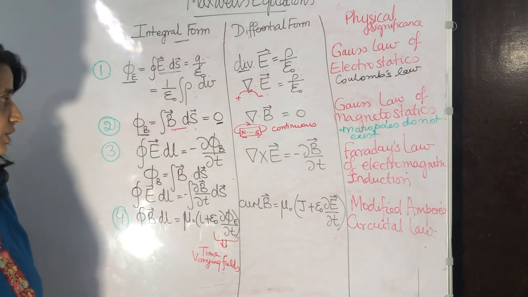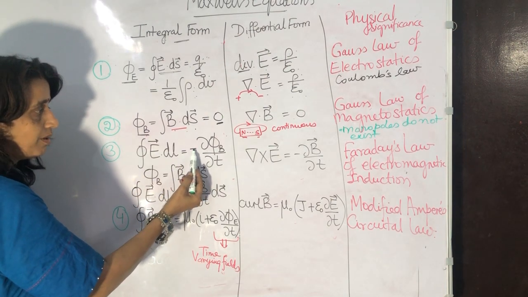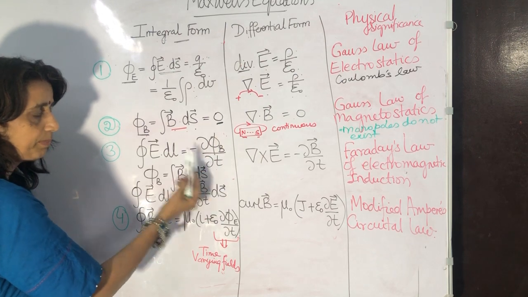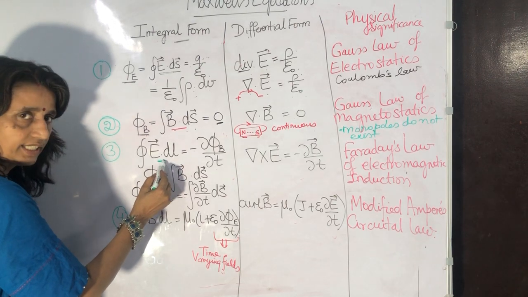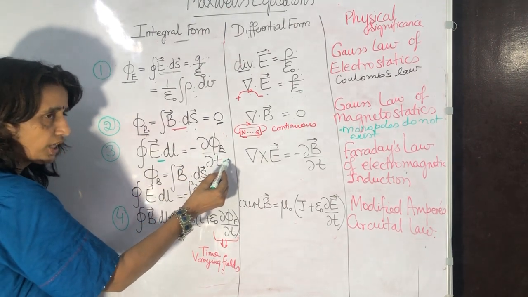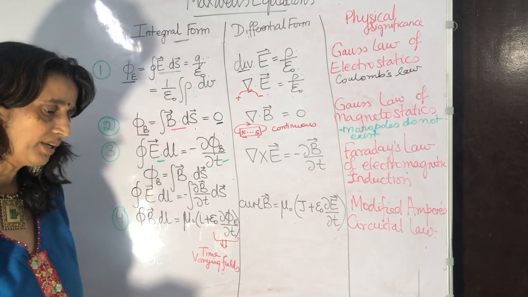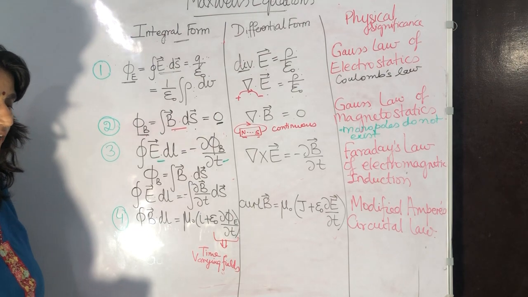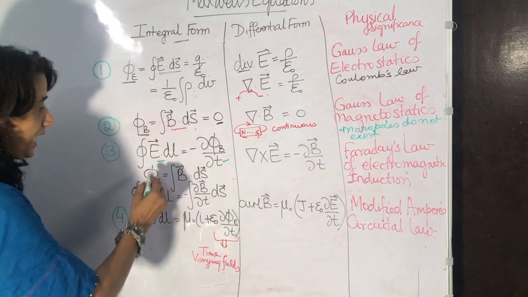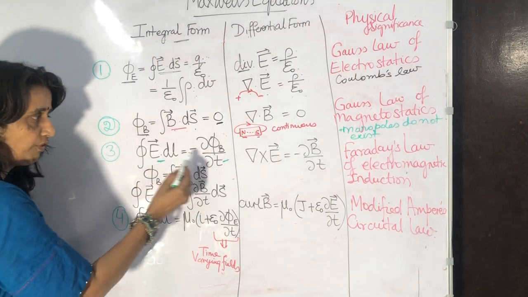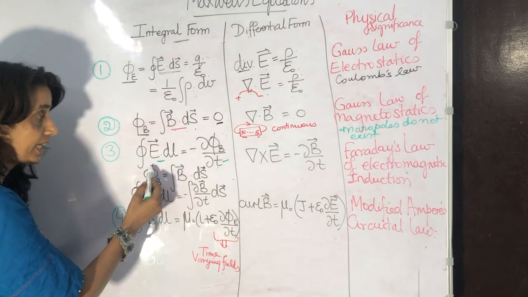The third Maxwell's equation is integral E dot dl is equal to minus d phi B by dt. That is, the changing magnetic field is giving rise to an electric field, and it is the very famous Faraday's law of electromagnetic induction, which states that an electric field is produced when a magnetic field varies, and a magnetic field is produced when an electric field is varied.